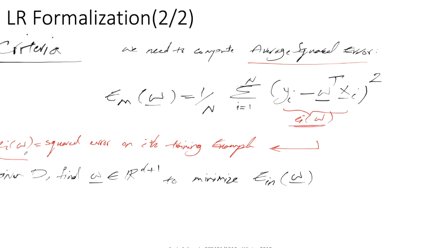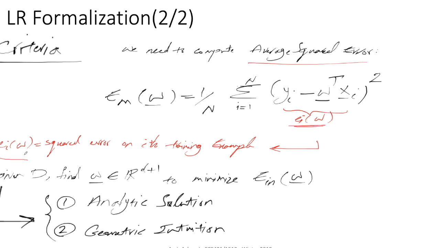So given our data set D, we find w from R^(d+1), a d plus one dimensional space, because we added the artificial coordinate. And we want to minimize the in-sample error E_in of w. That's the job.